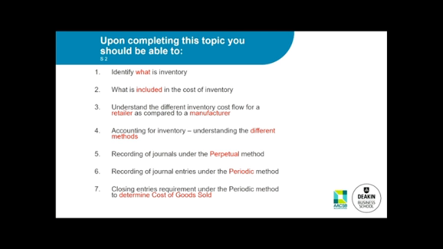And once we do the closing entries, then we can calculate the cost of goods sold for the periodic method. That's why the closing entries are important for it. And then we can prepare our income statements, right? If we know all the revenues, expenses during the period, we can prepare our income statement, and you will see that the results under both systems in terms of profit are going to be exactly the same, but there will be some slight differences between them.